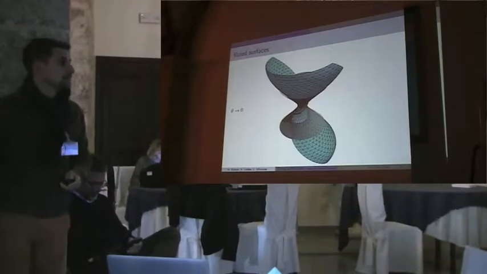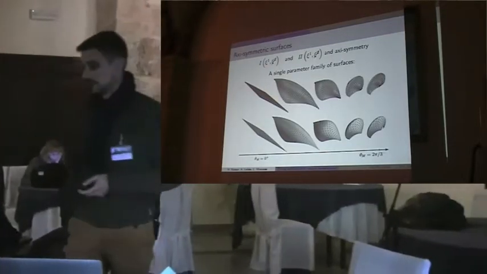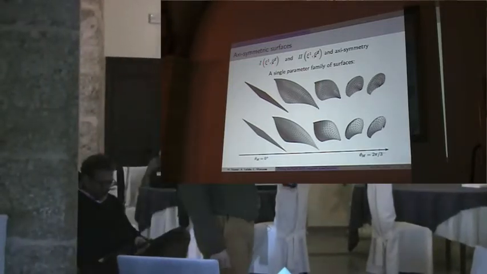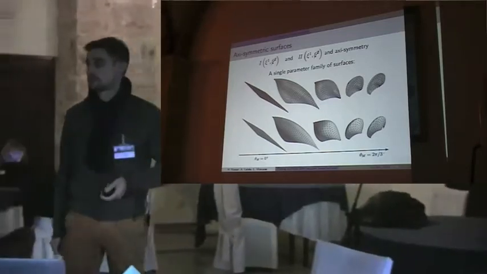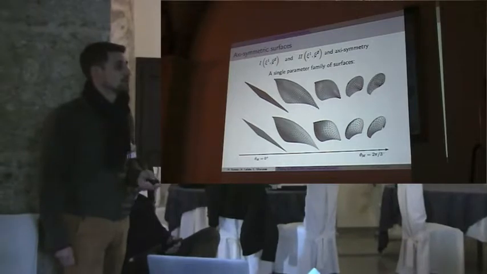Now, if I investigate axisymmetric surfaces, it means that I'm dropping only one coordinate and keeping the other one. I have again a single parameter family of surfaces, which is as follows. I will show you the animation.